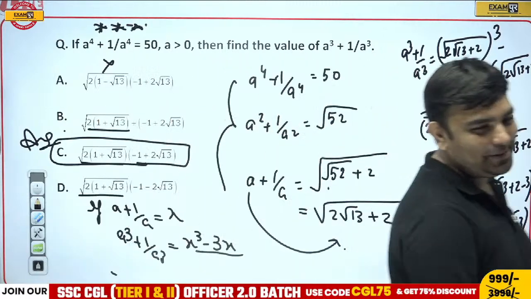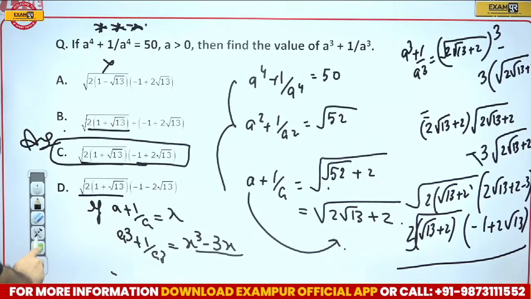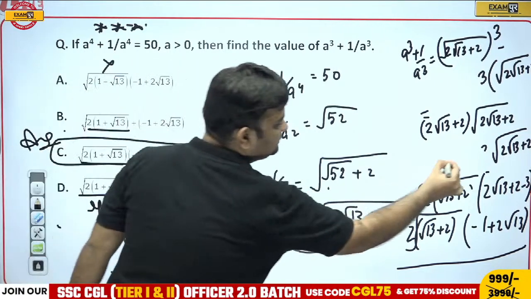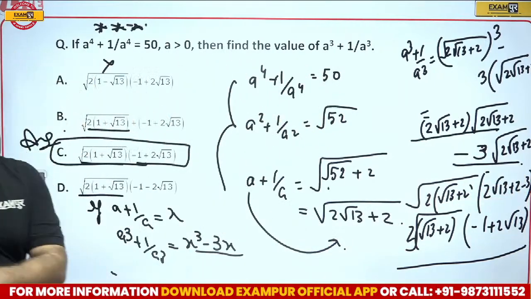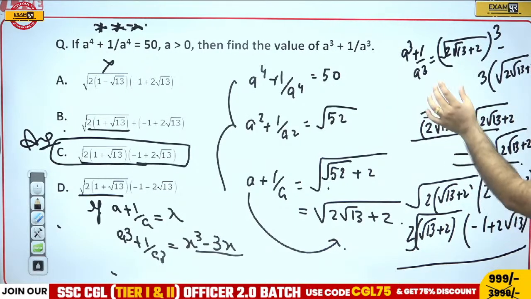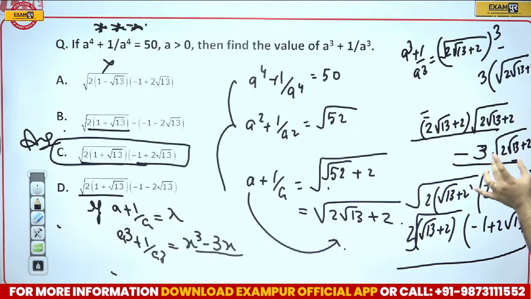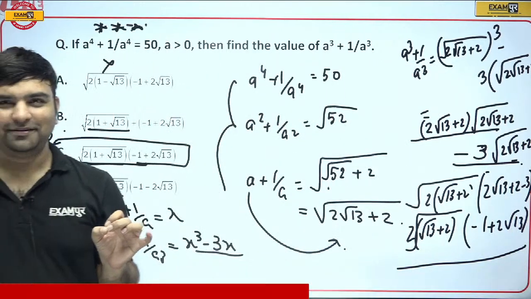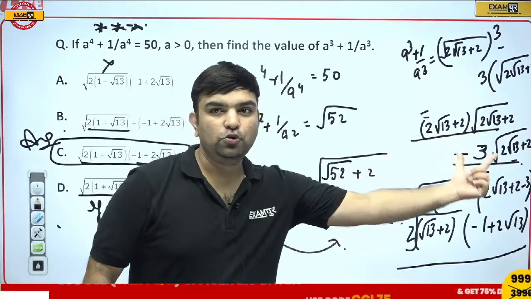It was a bit tricky. Is it clear to all? Come on, do tell me, is it clear to all? a cube minus 3a. This is your a cube and this is your 3a.